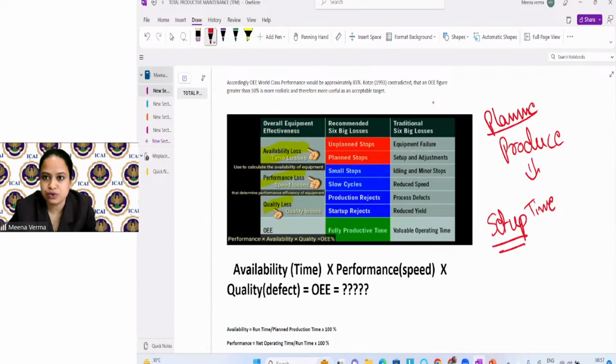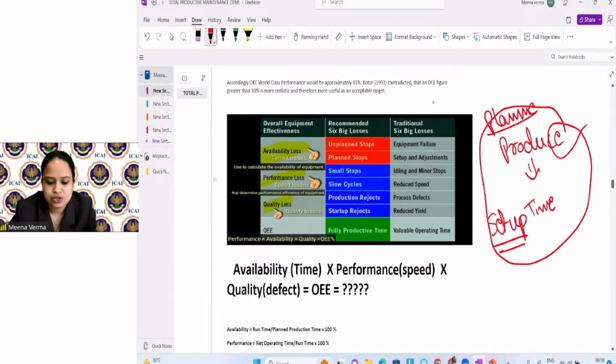Whenever you want to produce the goods, before the production, we need to do the setup time. So no matter how good your organization is, you have to incur the setup time. Setup time and adjustment will come under planned stop. This will definitely come, so this will be considered as planned stop.